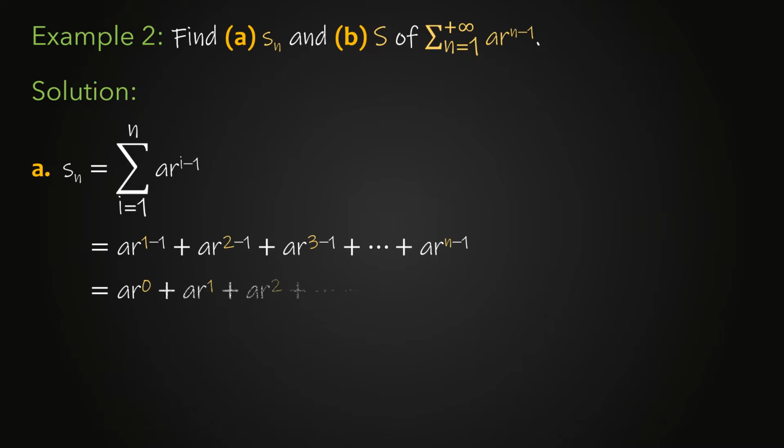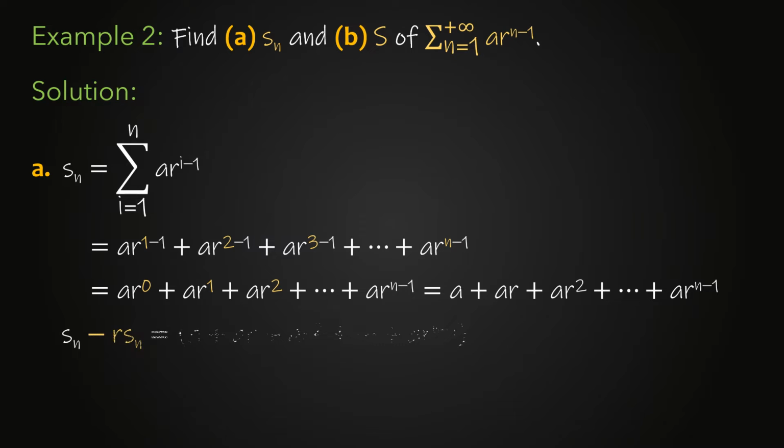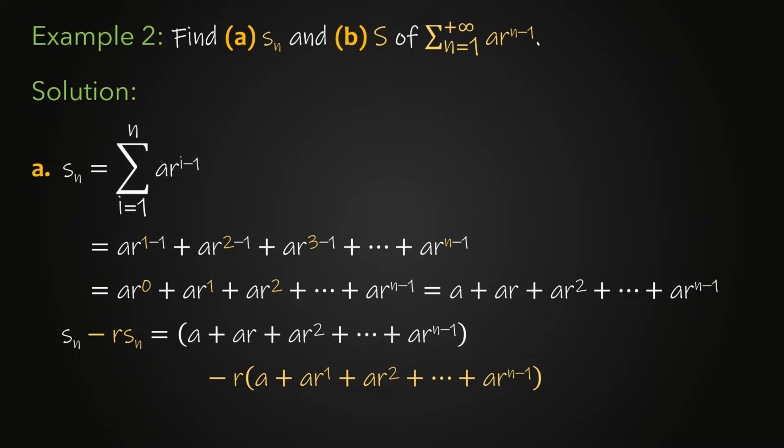Simplify each term of the series. To find a formula for the partial sum, try to reduce the number of terms to get a closed-form formula. Multiply the partial sum by r, and subtract the product from the original partial sum. Distribute r.